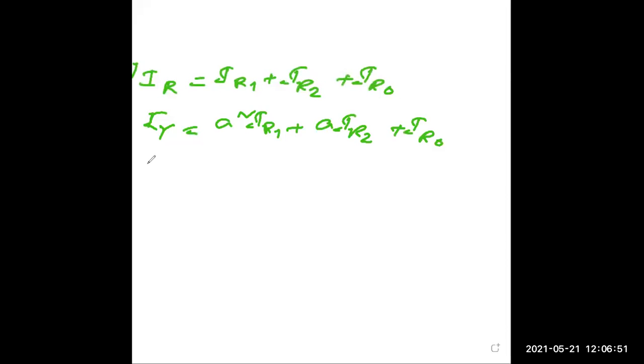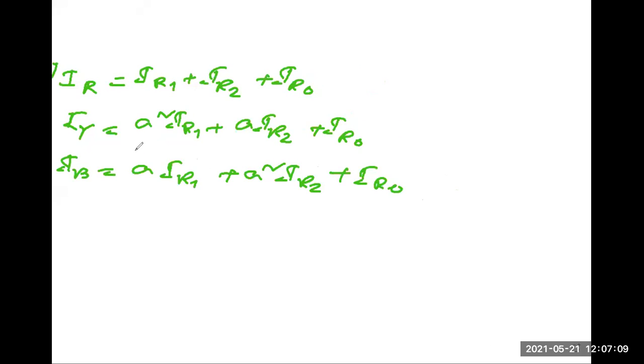And IB equal to A into IR1 plus A square into IR2 plus IR0. First of all, you tell me this is correct or not. Yes or no? Correct, sir.